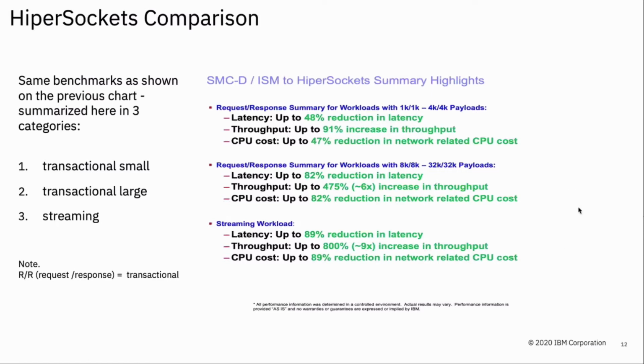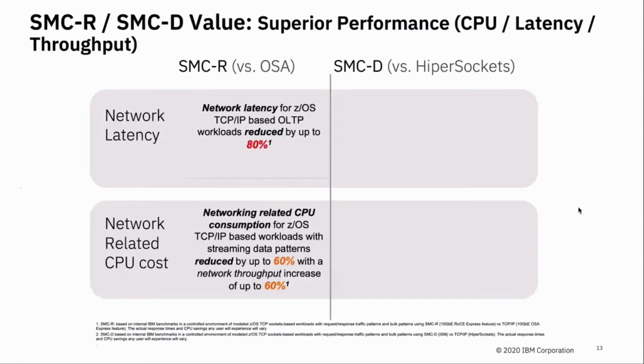This is also a summary of looking at, okay, well, what about SMC-R and SMC-D? So this is the bottom line of SMC-R compared to OSA. This is Ethernet to Ethernet, changing protocols using RDMA. We see latency savings up to 80%, and CPU-related savings of 60% for RDMA versus OSA.